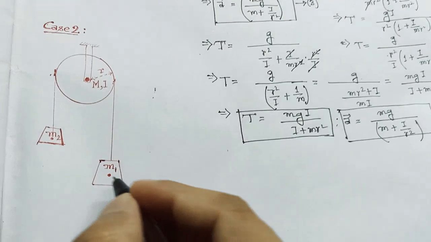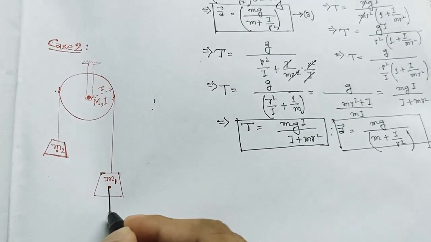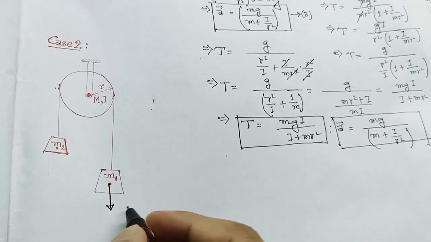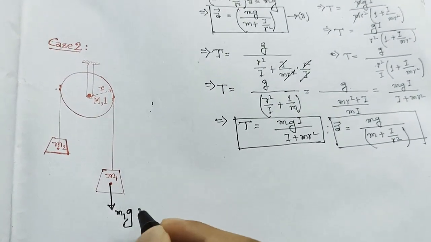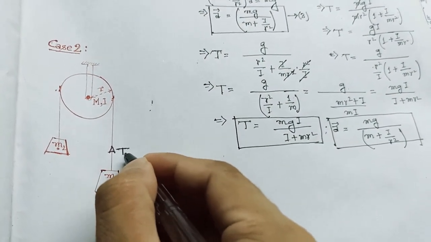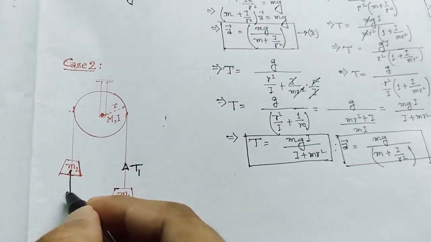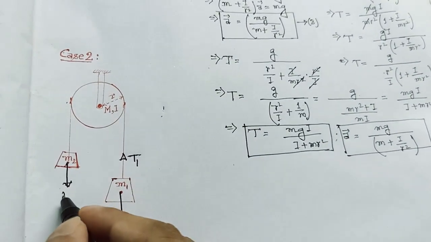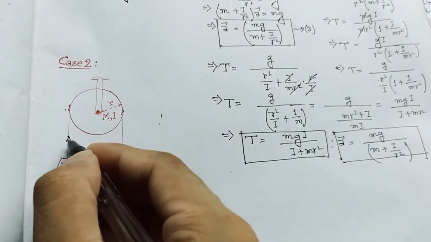From this diagram, let m1 be greater than m2. Then the weight of mass m1, m1g, will act downward, and the tension of the string T1 will act upward. For the second mass, the weight m2g will act downward, and its tension force will act upward.